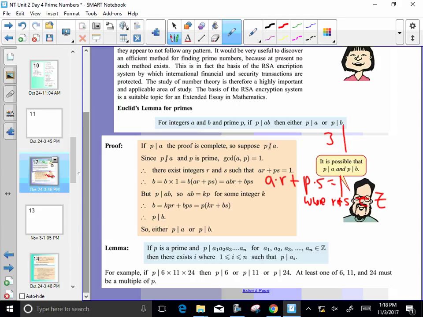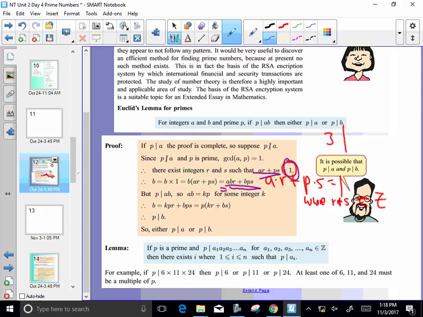Now what's cool about that is b is equal to b times 1, which it always is, and we can now replace 1 with ar plus ps. So b times 1 is b times (ar plus ps), and when we multiply those out, I'm going to get abr plus bps.